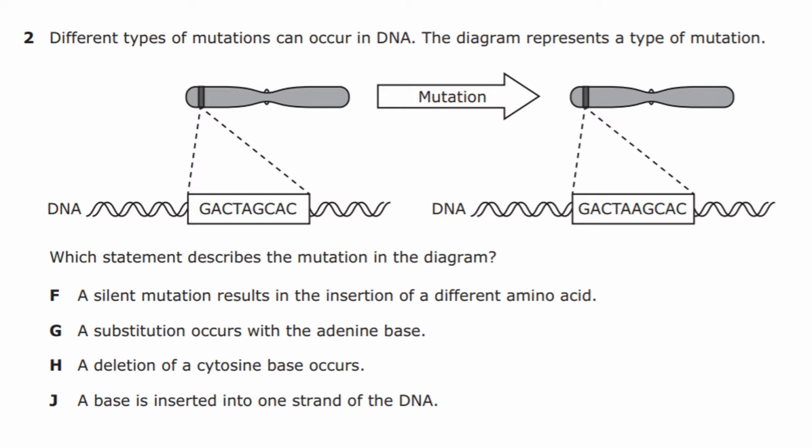After the mutation, we notice that it says GAC, which that part copied correctly, but then we have C and a double A. So in other words, there was an insertion of an extra A, and then the G and then CAC. So the statement that best describes the mutation in this diagram is J. A base was inserted into one strand of the DNA.